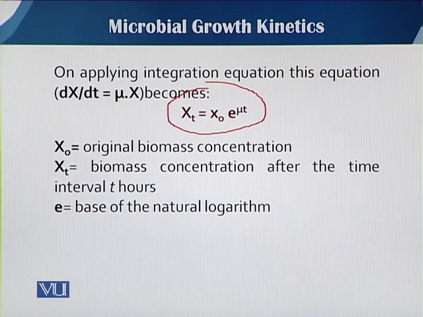Here x naught is the original biomass concentration which we add at the time of inoculum, Xt is the biomass concentration after time t, or when we estimate after time t interval, and e is the base of natural logarithm.